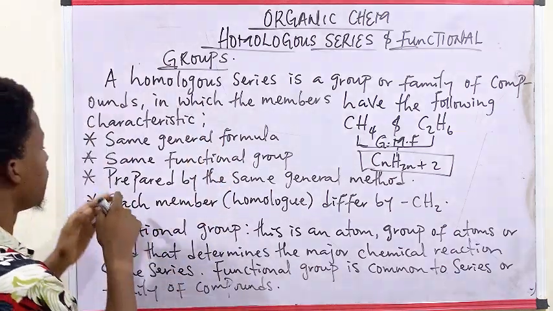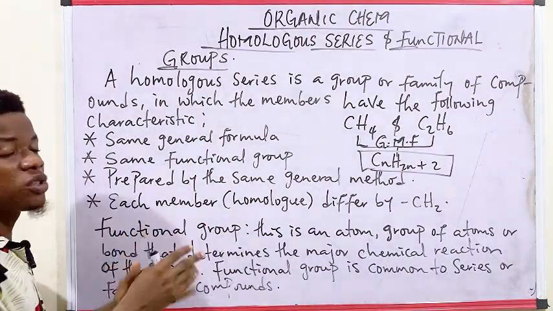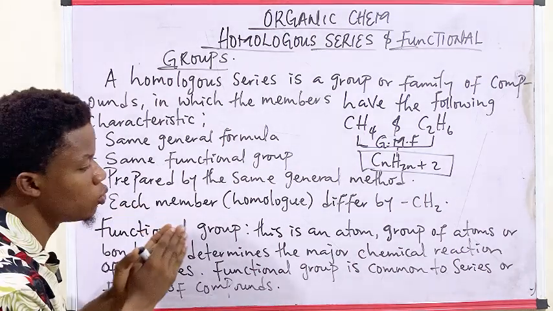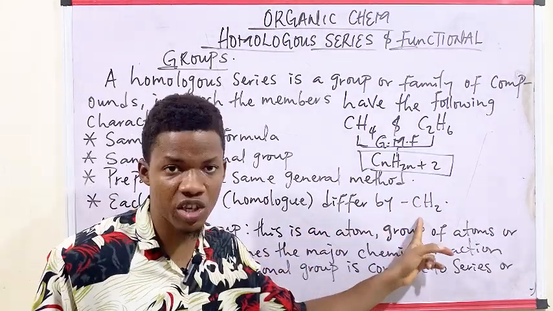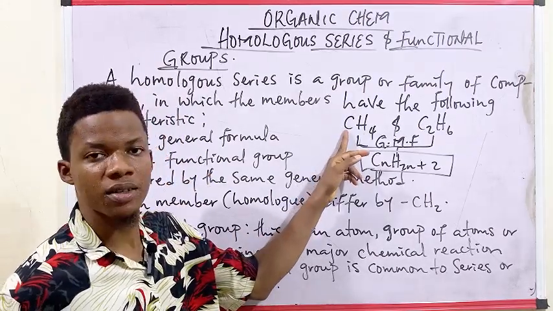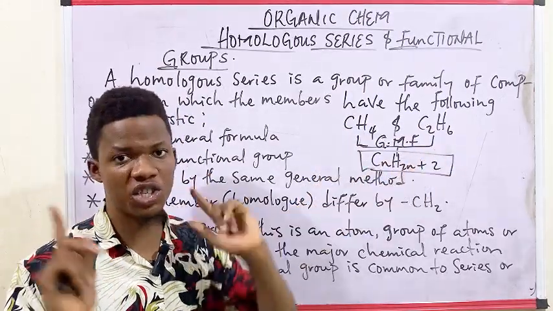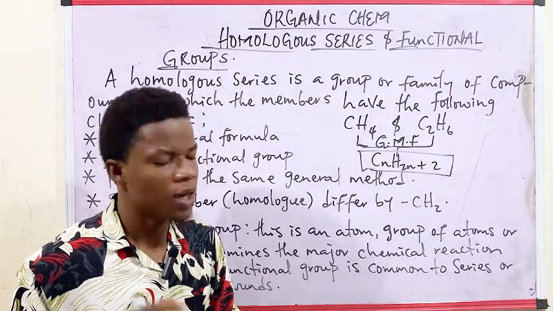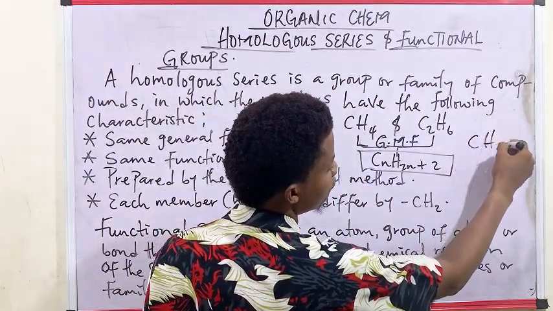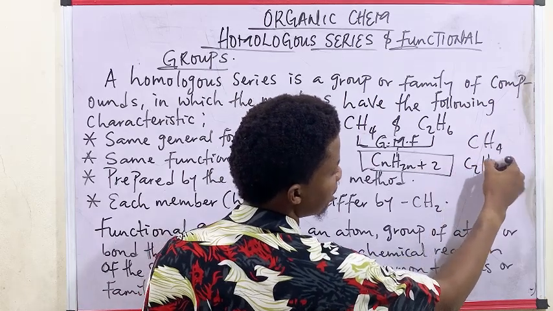Now, each member, or homologue, must differ by a CH2. The difference between this and this is CH2. Do you agree? Now let's prove it. This one is CH4, this one is C2H6.